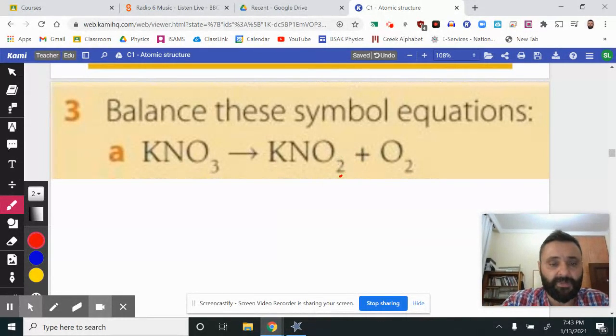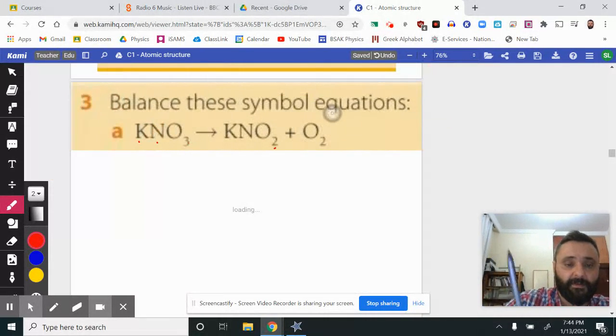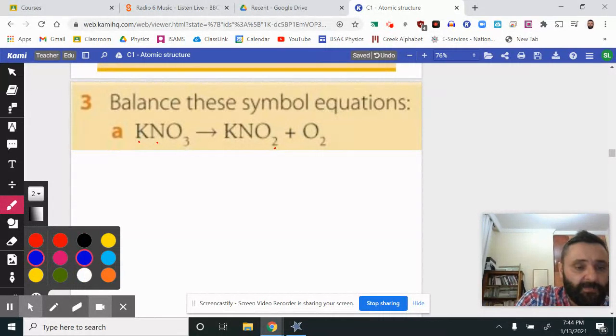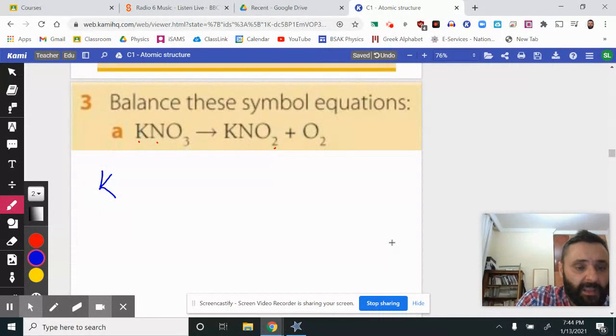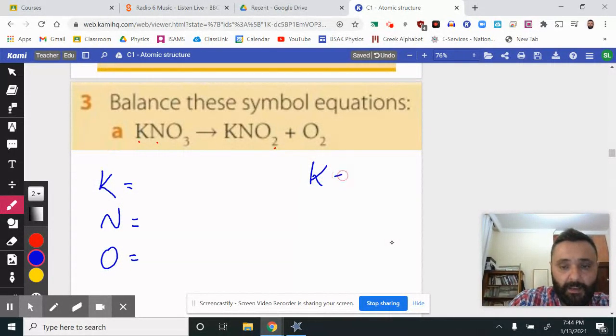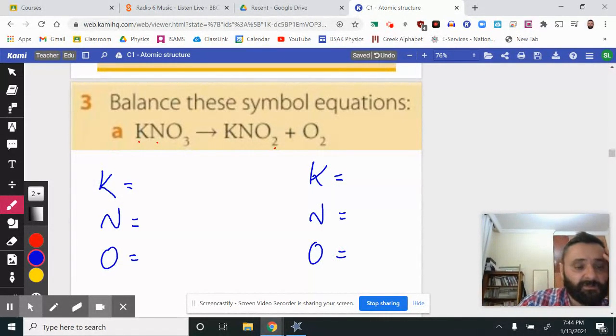Let's look at the potassiums and the nitrogens. Sometimes it makes it easier if we just write K equals, N equals, O equals on each side. This sometimes helps.